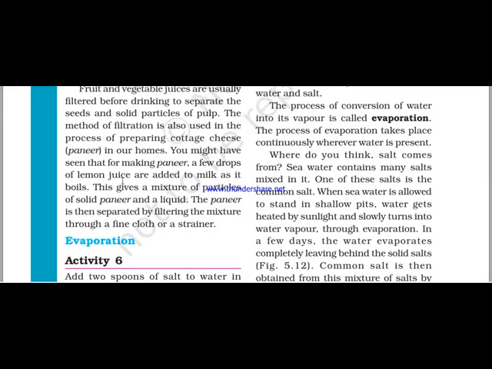Now when we add lemon juice to the milk, it gives us a mixture of solid particles of paneer and a liquid, right? The paneer is then separated by filtering the mixture through a fine cloth or a strainer.